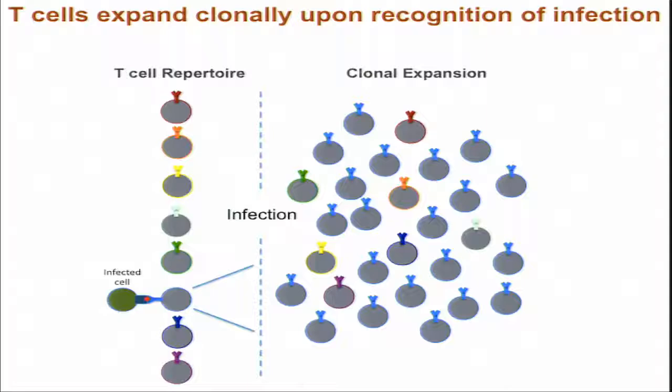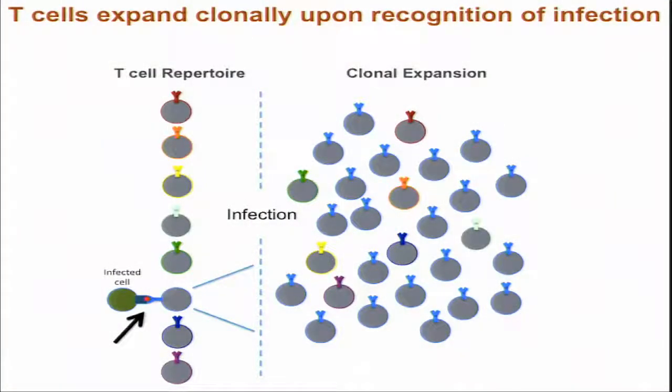This is a critical point in this talk. When this T cell recognizes the infection, it will duplicate itself, maintaining that same T cell receptor. In that way, now the immune system has a bunch of these blue T cells that all recognize these infected cells, and so you can create a stronger response to the infection.